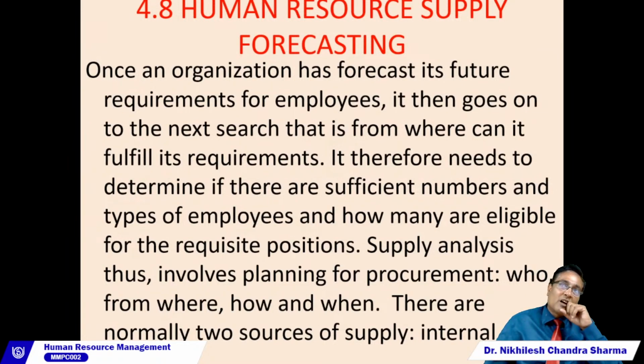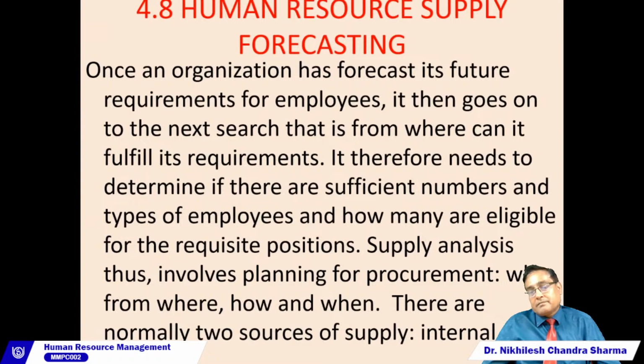Human resource supply forecast. Once an organization has forecast its future requirement for employees, it goes on to the next step, that is, from where it can fulfill its requirement. It therefore needs to determine if there is a sufficient number and types of employees, and how many are eligible for the requisite positions.